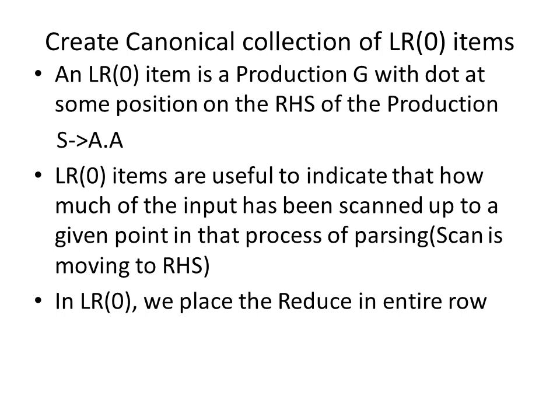Here we have written the canonical collection which is S implies capital A dot capital A. So one dot is placed in between both the A's. If it is done like this, with one dot placed, then that is called canonical collection of LR0 items.